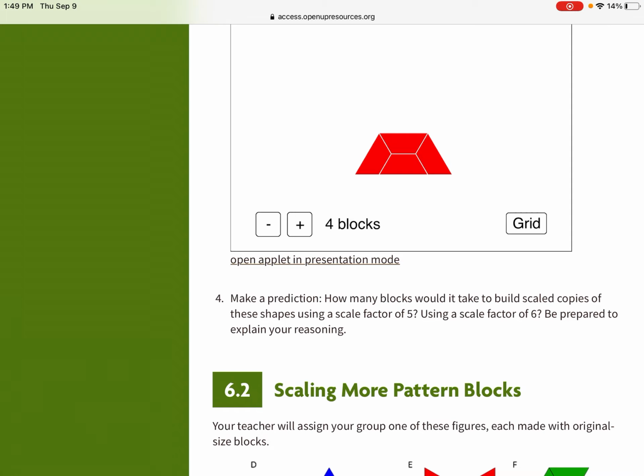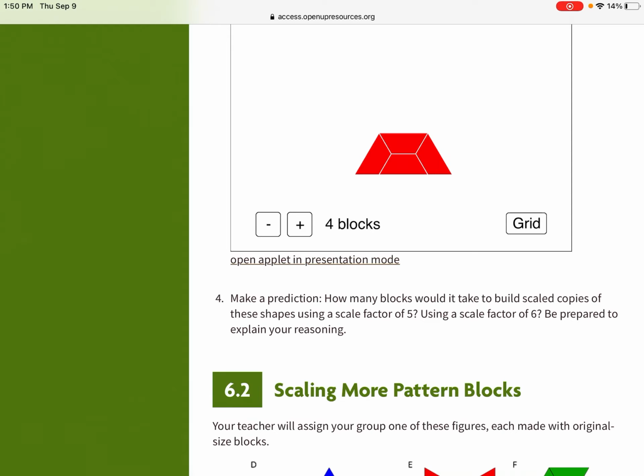Here it says make a prediction. How many blocks would it take to build a scale copy of these shapes using a scale factor of 5? The pattern that I'm seeing is that for every scale factor, you square it, multiplying the scale factor by itself, and then multiply by the original area. Each one of these represents 1.